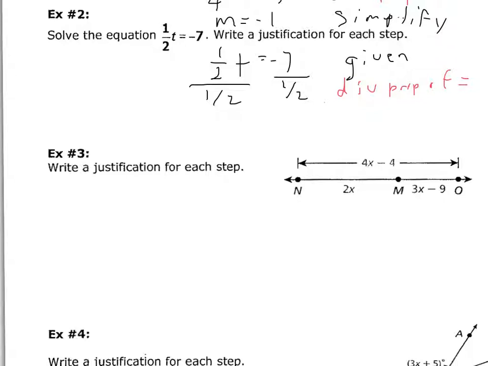And if you go ahead and solve, those 1/2s cancel, so you have t remaining on the left. And if you divide negative 7 by 1/2, you're going to get negative 14. And our reasoning is going to be, of course, simplify. So these really aren't that bad as long as you know your properties, and we will get to know those like I said before.